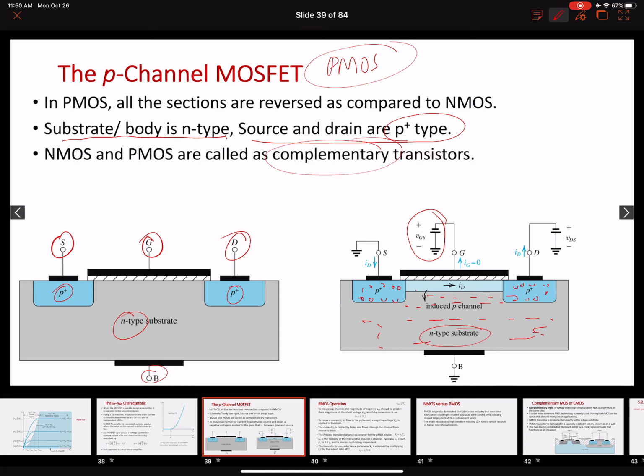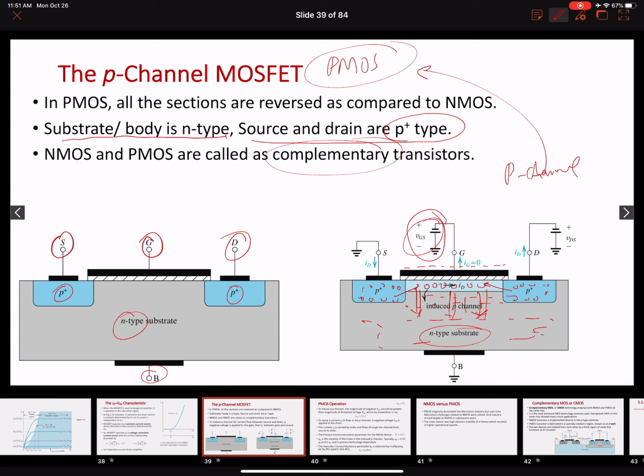Now we want to push all of these electrons down, right? So we connected the battery in the opposite way, creating a negative charge on the gate electrode. This pushed all the electrons down, and we created a depletion region. All of these holes will be pulled here, so we created this P channel, right? That is why it is called a PMOS. So in an N-type substrate, we created a P channel, so a PMOS. Remember this inversion layer concept that we talked about in the first lecture.